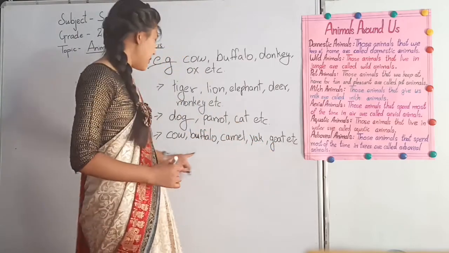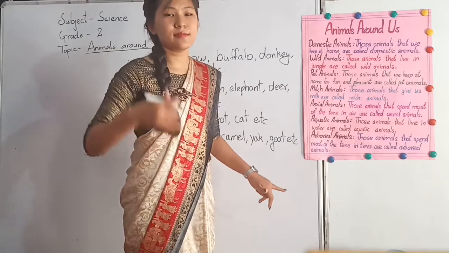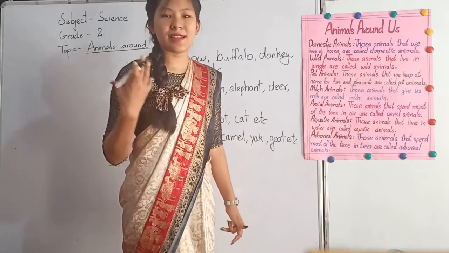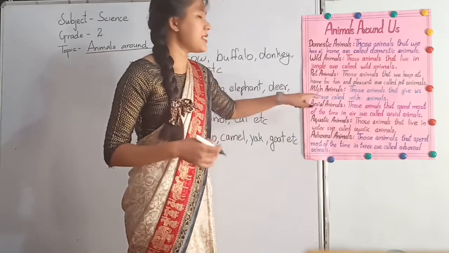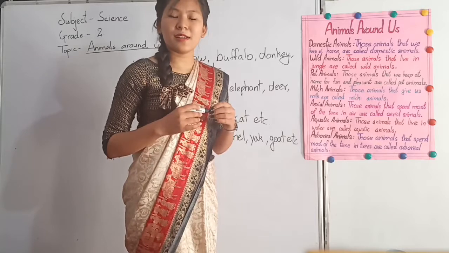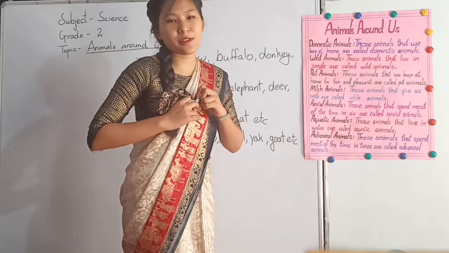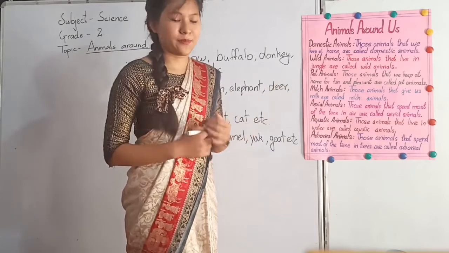These animals give us milk. We know that those animals that give us milk are called milk animals. And dear children, milk is very important for us. We should drink milk daily.